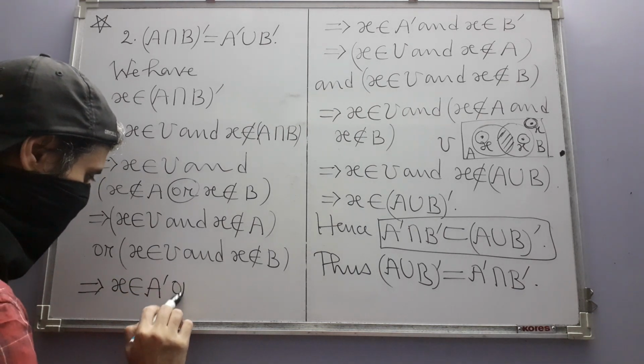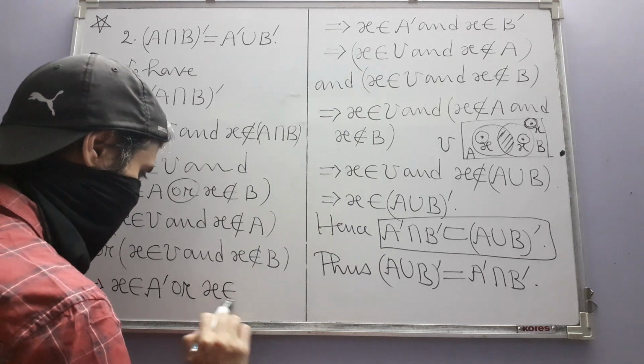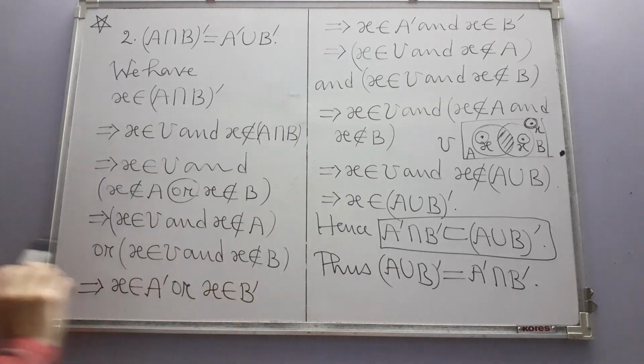Or, do not forget that this is OR, okay? This OR is crucial. This means X belongs to B complement.